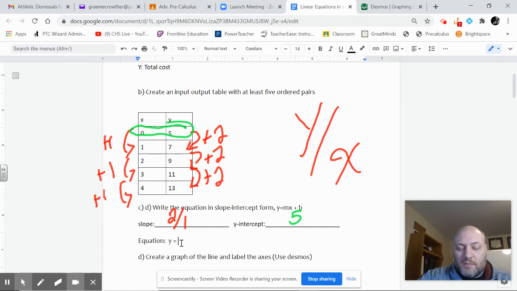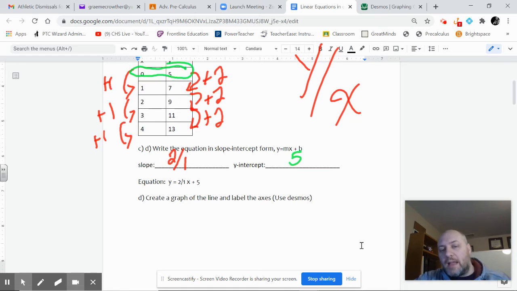Y equals my slope times x plus my y-intercept. So I have my table, I have my equation, and now I'm going to head over to Desmos to graph the line.